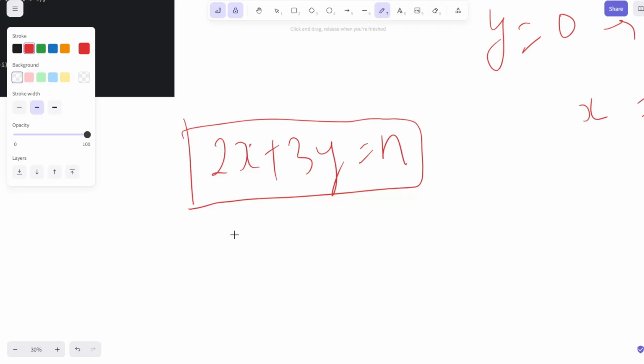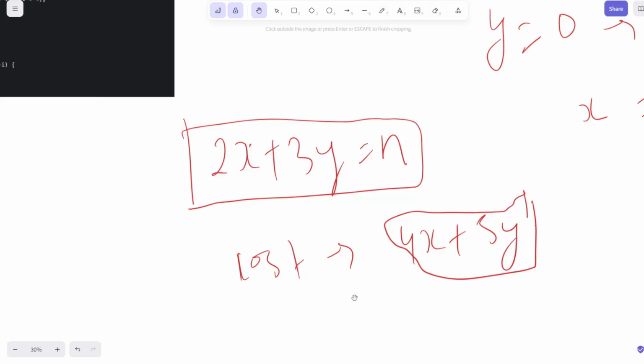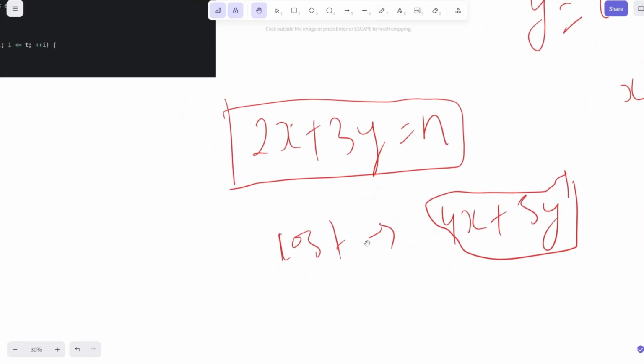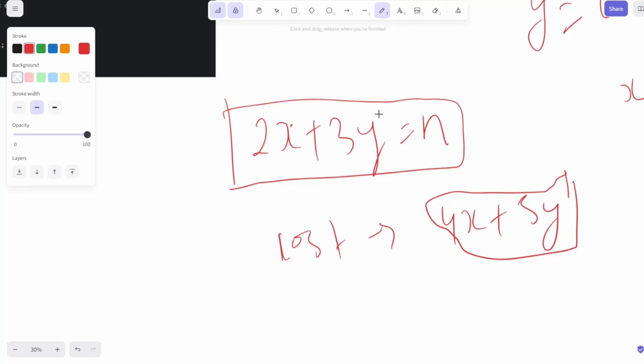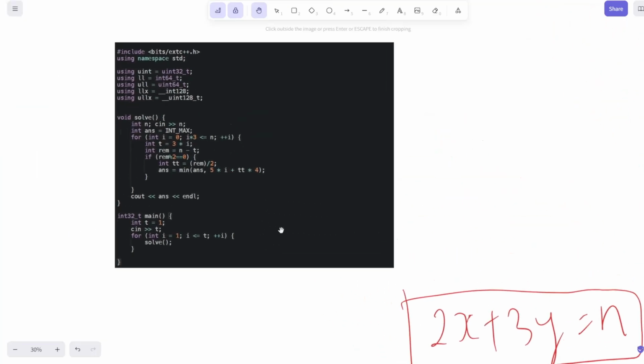For each such x and y, we have to minimize the cost, which is given by 4x plus 5y. Our main goal is to fix y, calculate x for that y, and take the minimum of all of these. This is simple. So let's move to the solution.